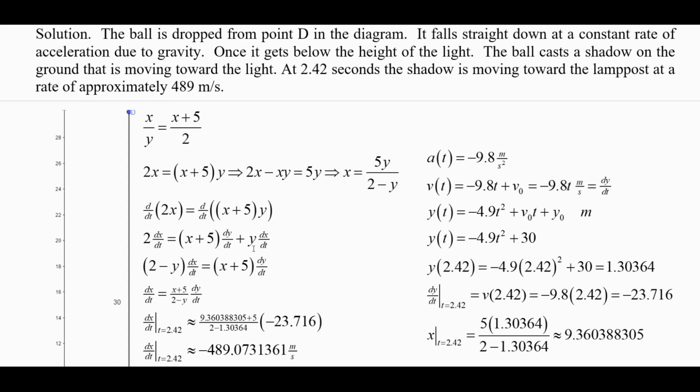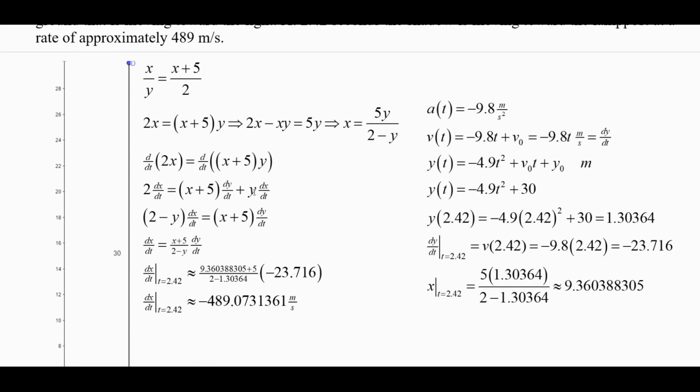I want to find dx over dt, so I need to get it by itself. So I want to take this and subtract y times dx over dt from both sides and factor the dx over dt, so I got (2 minus y) times dx over dt. Divide by the (2 minus y), I get dx over dt is (x plus 5) over (2 minus y) times dy over dt.